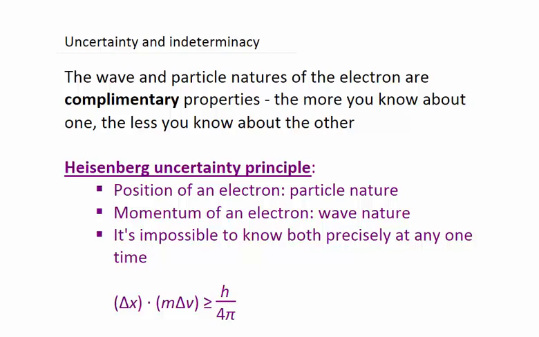Alrighty. So we were talking about how both light and electrons are similar in that they have wave-like properties and particle-like properties. And it's not that it even really switches from one to the other. It's that they're kind of both at the same time.